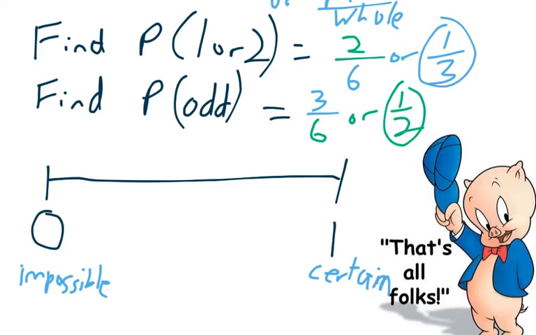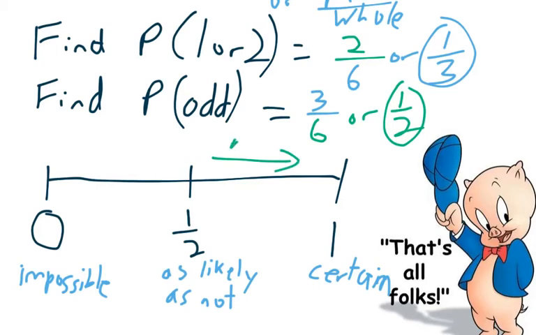And then if we're halfway in the middle, 1/2 means as likely as not. It can go either way. Right in the middle. And then the numbers on the right represent more likely. The further you get from 1/2, it's more likely that something will happen.